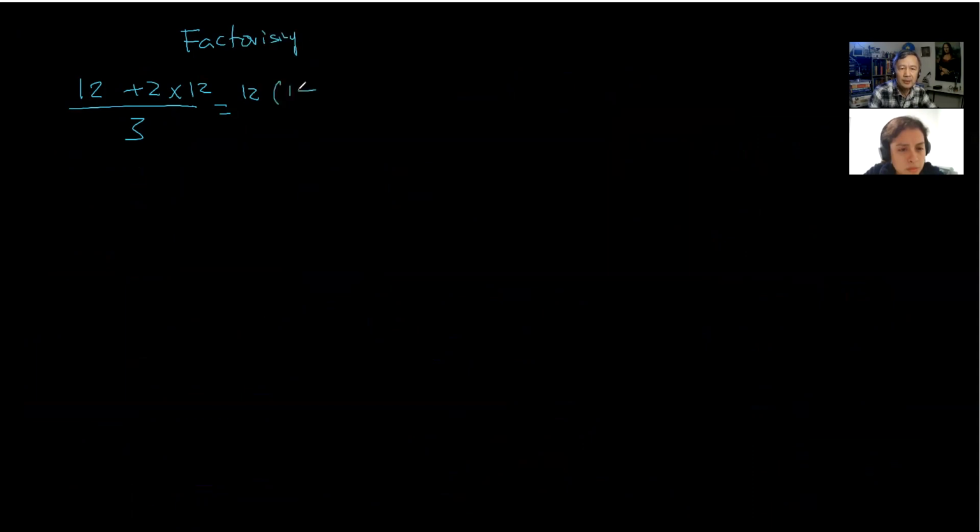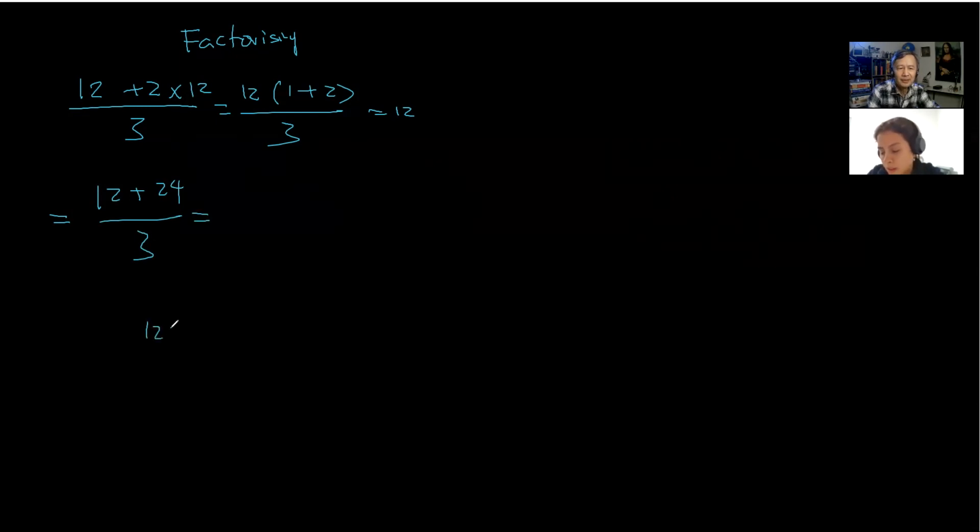So we got (1 + 2) divided by 3, which gives you 12. Or if you wish, can we just do (12 + 24) divided by 3? What is the answer? That's your way. 12. Okay, so that's important.